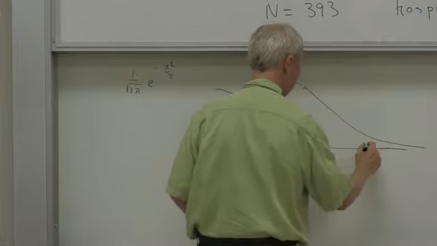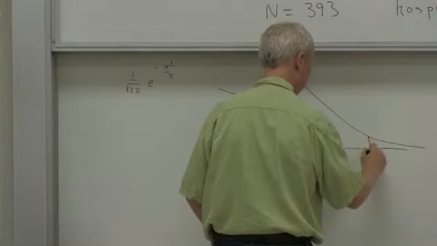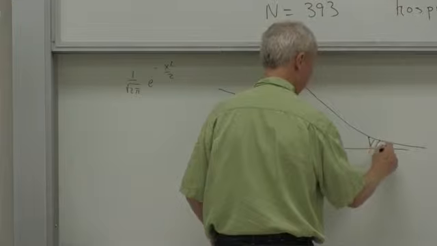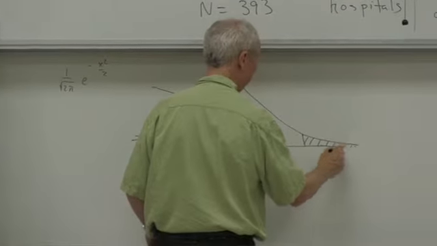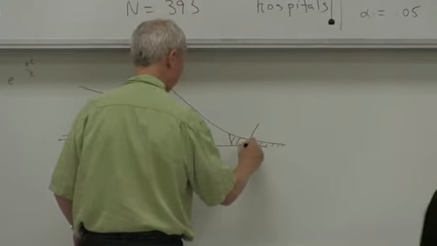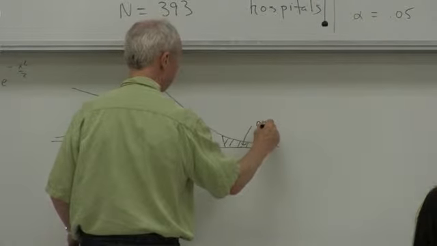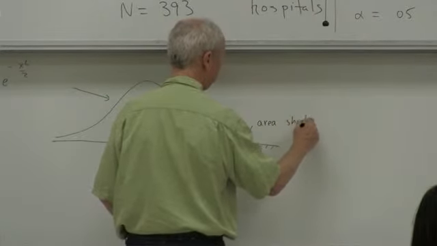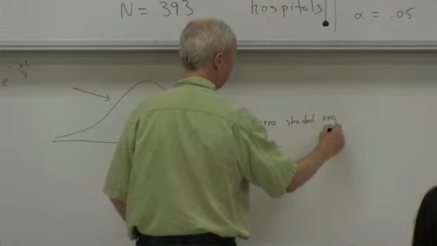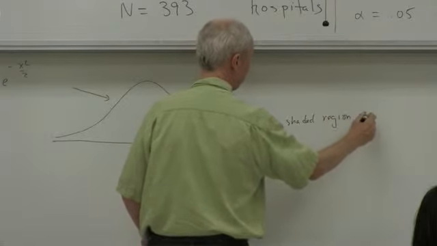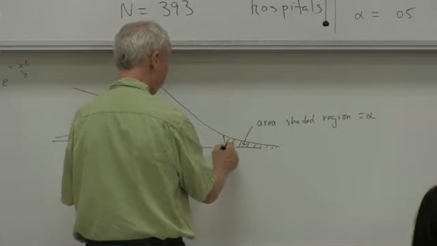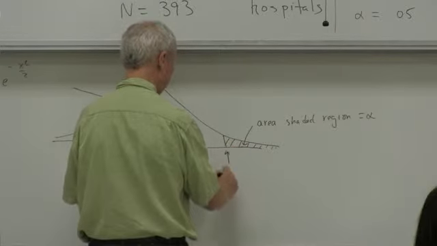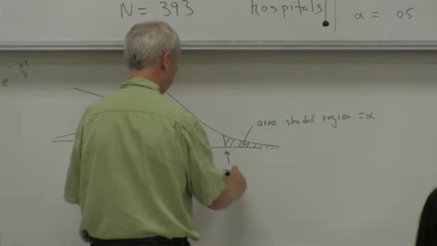And he puts a shaded region here, and the area of the shaded region is alpha. And if the area here is alpha, he calls this point z of alpha.